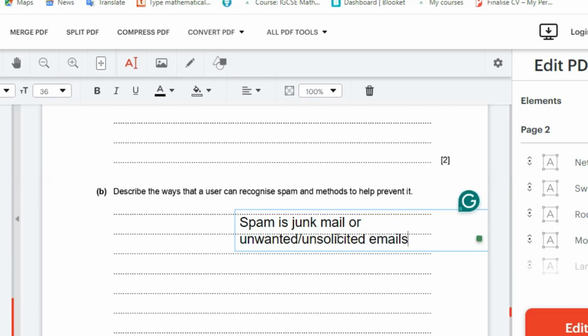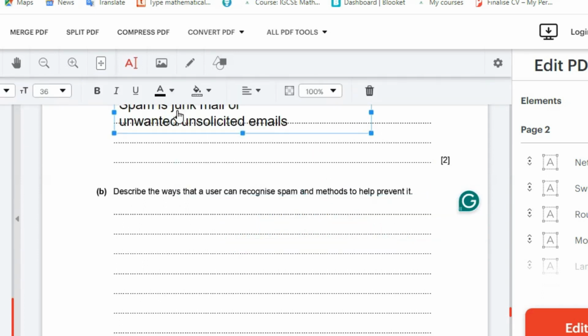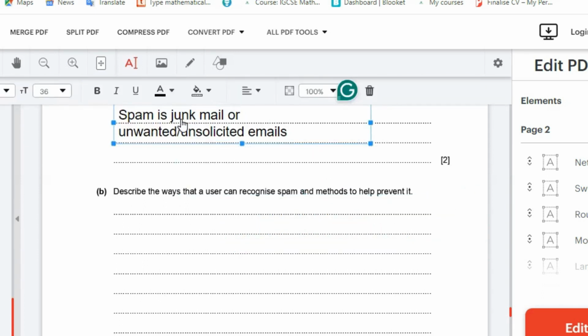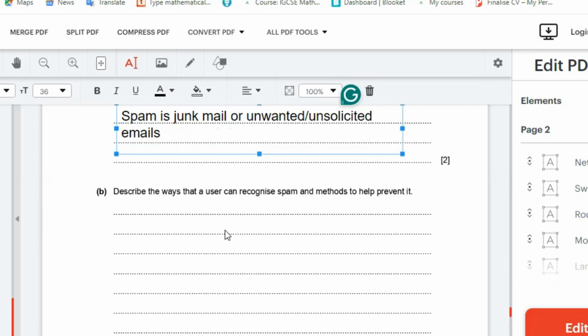So that's what we refer to as spam. You can also call it a message that is used for advertising or pitching or spreading of malware. All those are definitions of spam.